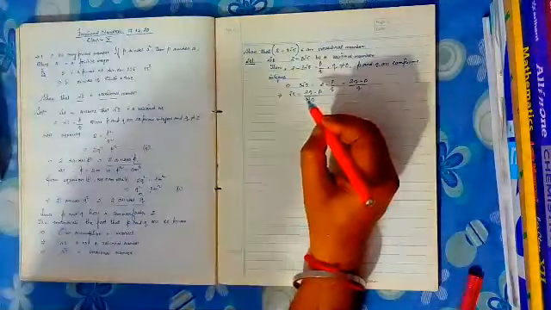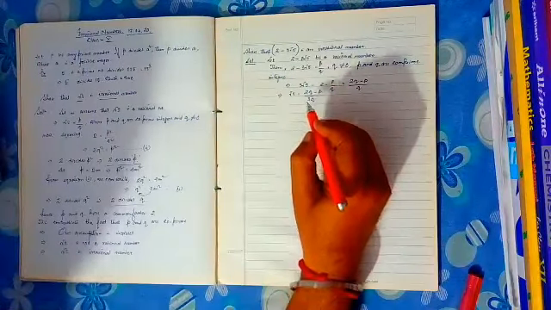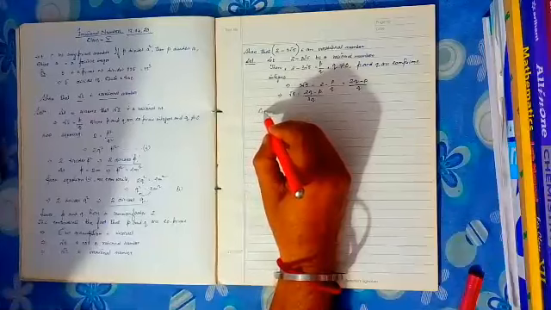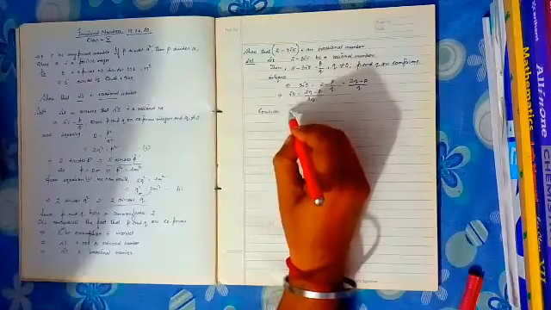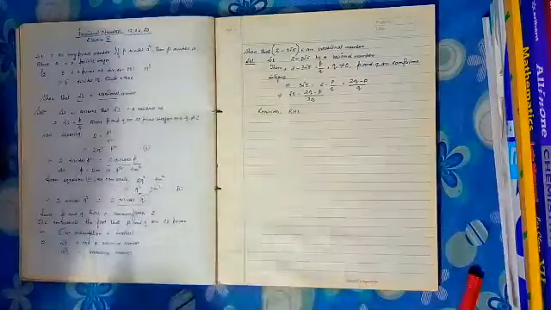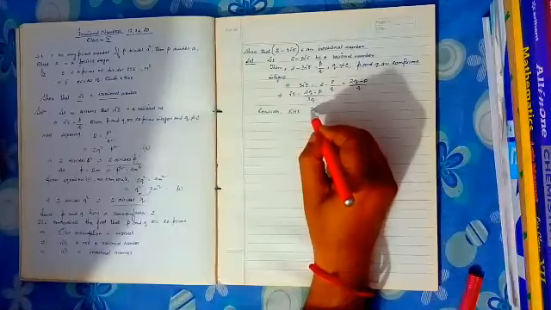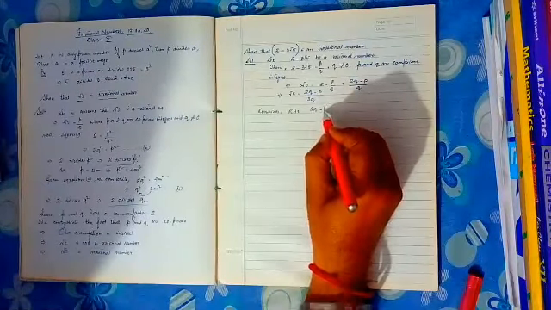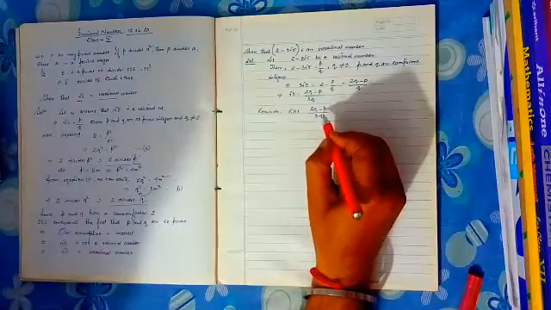Now let us consider the right hand side, RHS. What is that? 2q minus p by 3q.